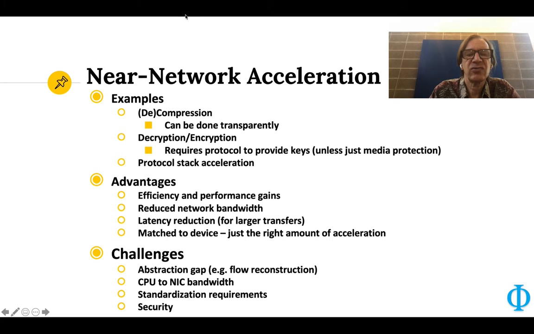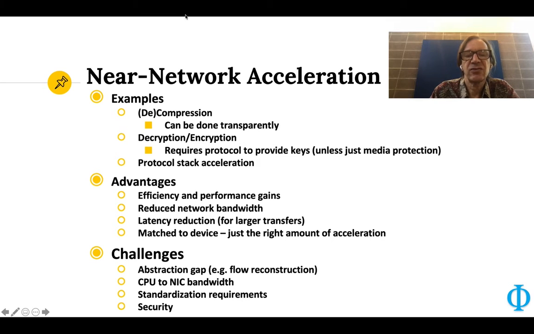A second challenge in the case of, for example, compression is that while you get the benefit on the network, you don't get the bandwidth benefit on the CPU to NIC interface, and that can be a limiter.